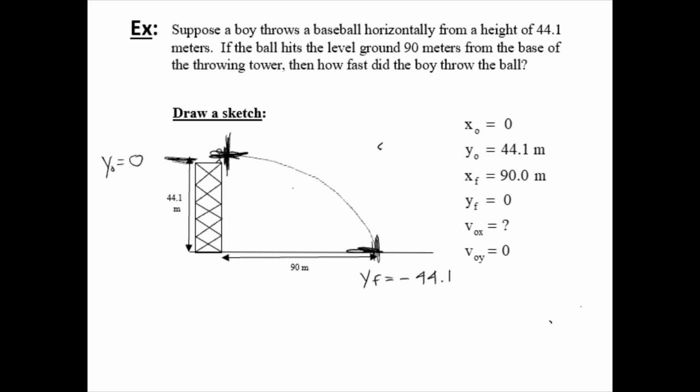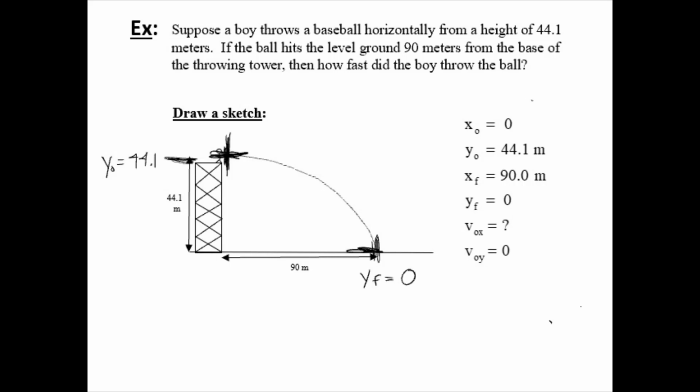Right? Polarities matter. Whether the positions are above or below makes a difference. So if this is y original equals 0, then y final would have to be 44.1 meters less than y original. I just did it the other way around. I said, well, let's call y original 44.1, and then y final is 0.